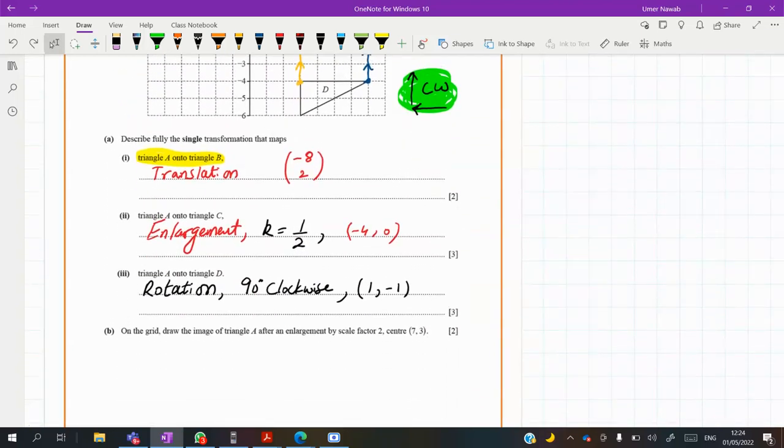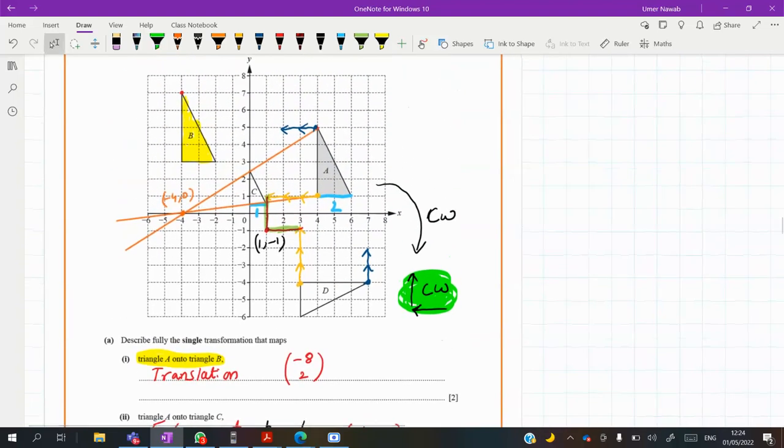Last. On the grid, draw triangle A, an enlargement of scale factor 2, with the center 7, 3. So this was the rotation, and this was the translation.